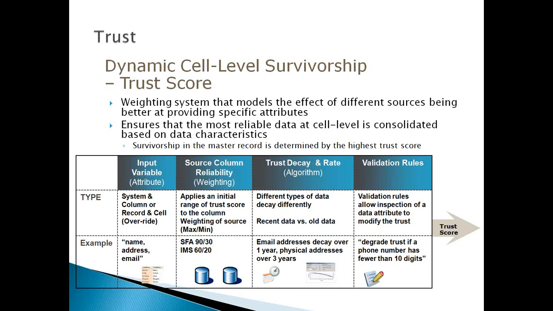Business has analyzed the data, and based on that they will tell us that you can use the phone number of this particular source system as more trusted, or the first name or the middle name from these systems are more trusted. But we know that at a later point of time there are possibilities that we might get wrong data. And how can you know that? You can know that by looking at the source.